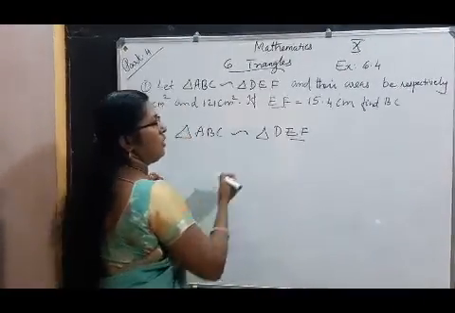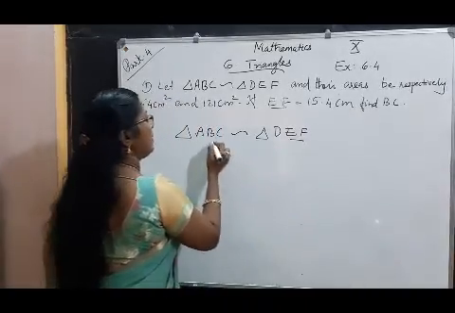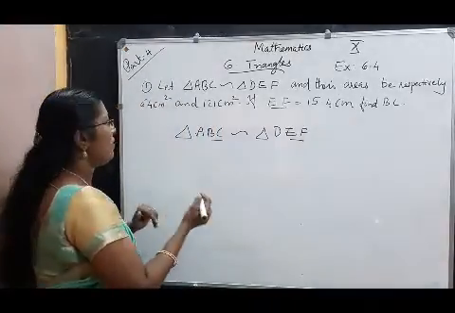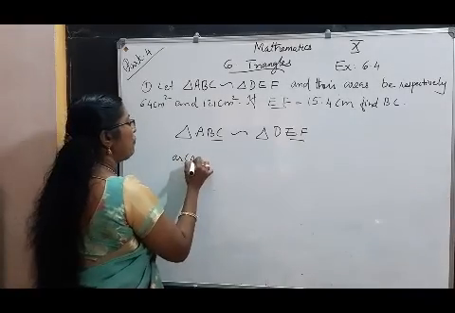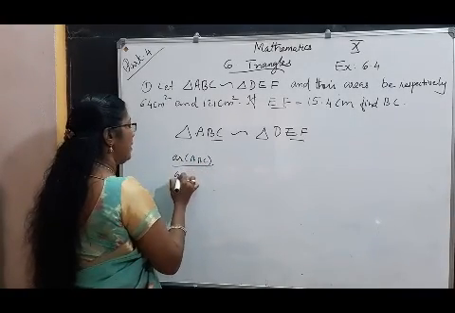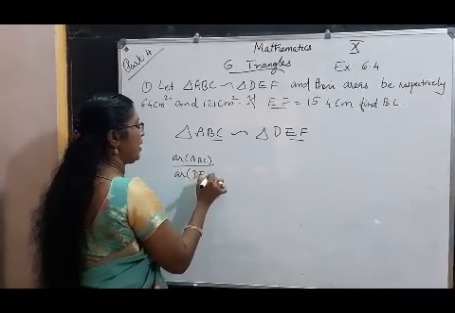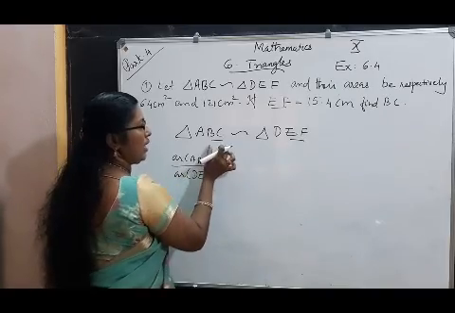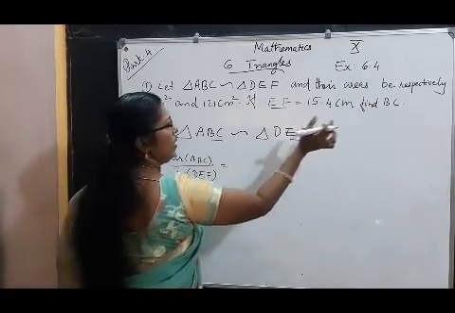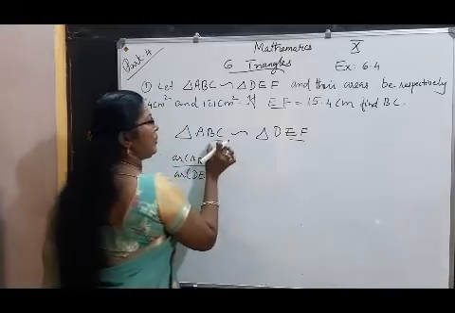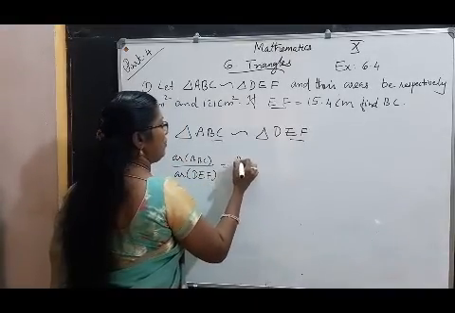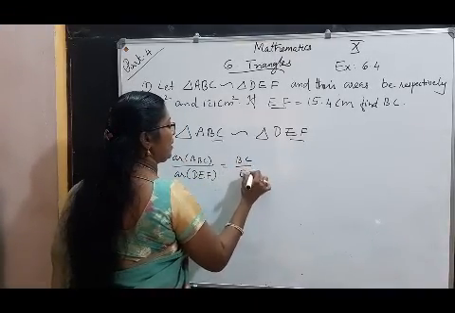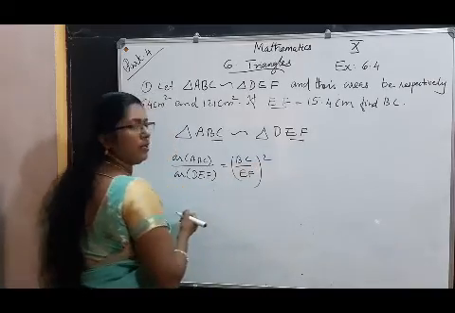We want to find BC. So we can write area of ABC by area of DEF equal to the corresponding sides. We want to find BC, so take BC and EF: (BC by EF) the whole square.